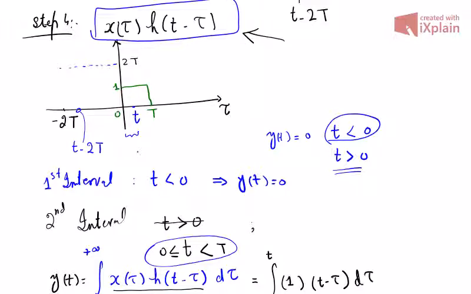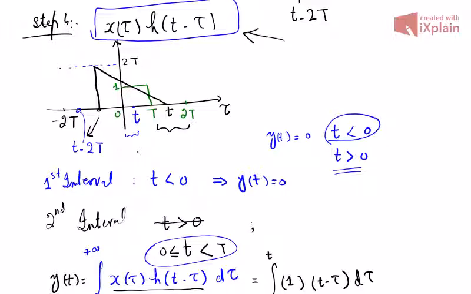Now let me mention the point 2T also here. This is the point 2T. We assume that our t is greater than capital T, in this range, less than 2T. This point is still the same, t minus 2T.